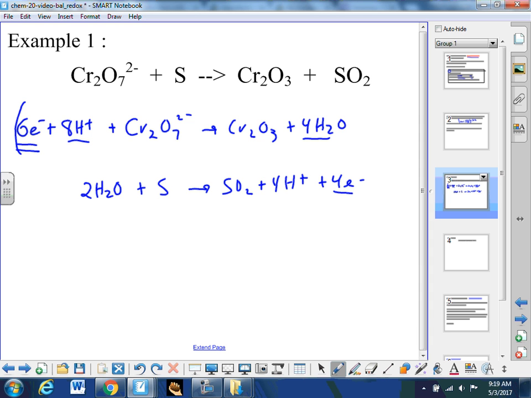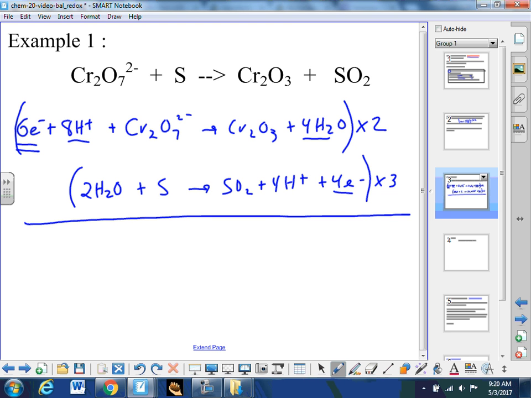So we're going to multiply the reduction half reaction by 2 and the oxidation half reaction by 3, and that will give me 12 electrons lost and 12 electrons gained. Adding the two half reactions together, we've got 2 Cr2O7 2- plus 3 sulfurs.